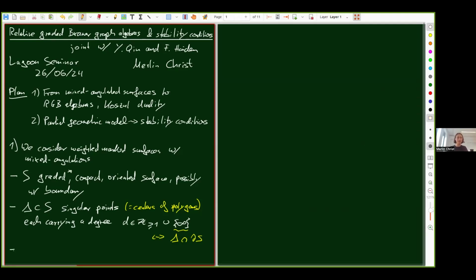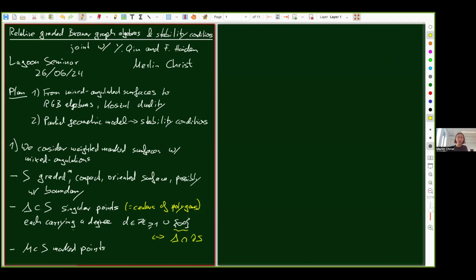Then you have marked points, so M inside of S. These are a bit different to the marked points you may be used to from, say, cluster theory of marked surfaces, because if there are singular points on the boundary, there will be infinitely many marked points on the boundary. Otherwise, if there are no singular points at all, then there are only finitely many marked points, and they can always lie in the interior or on the boundary, and then it's maybe more what you're used to.